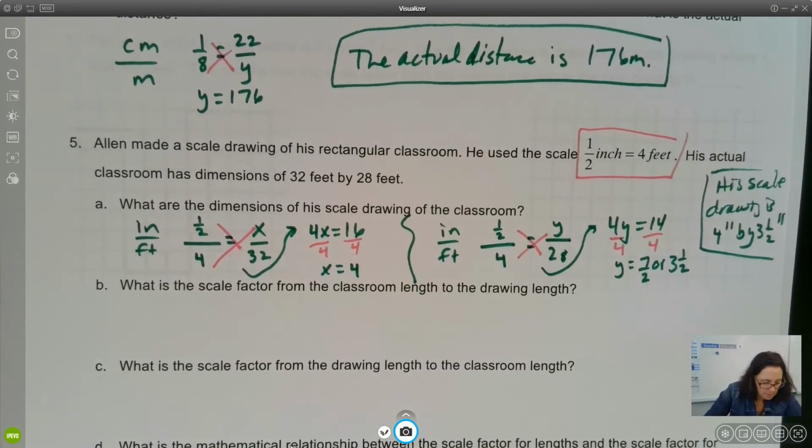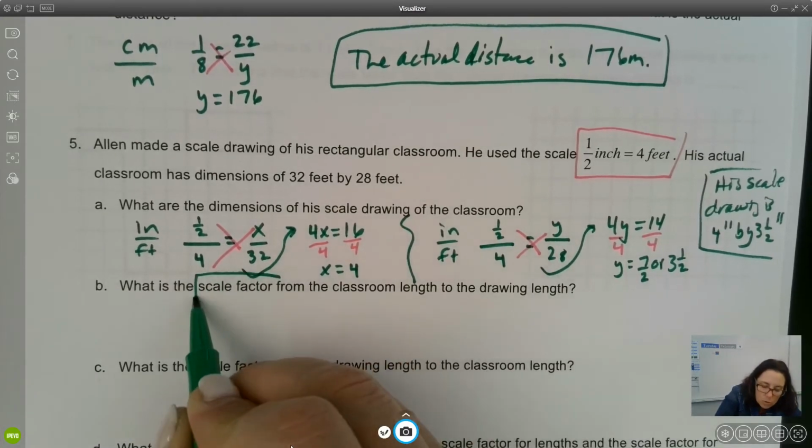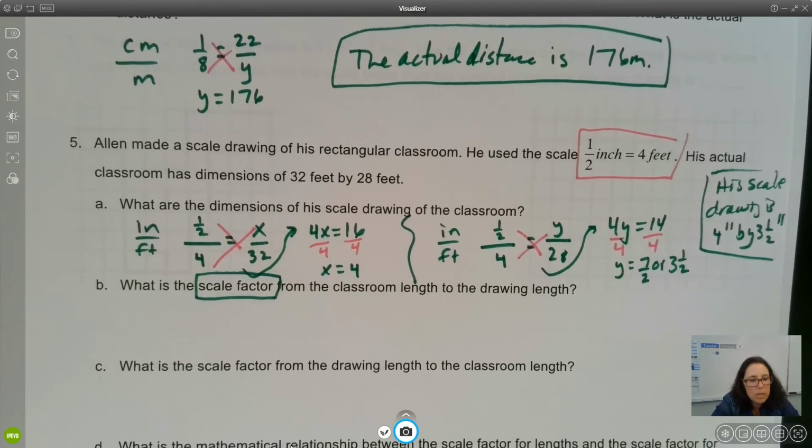All right. What is the scale factor? Now here is a trick that's super important. When you're talking scale factor, not scale, you need to be in the same units. So they want the scale factor from the classroom to the drawing.